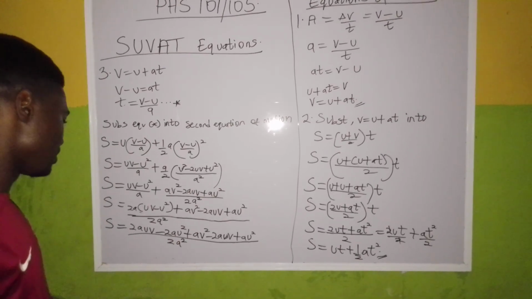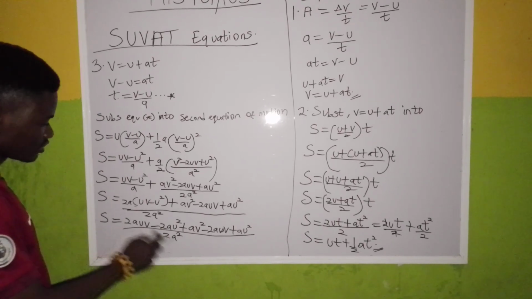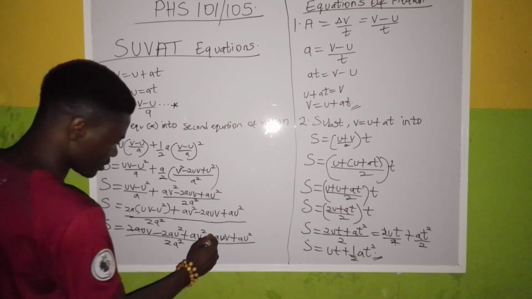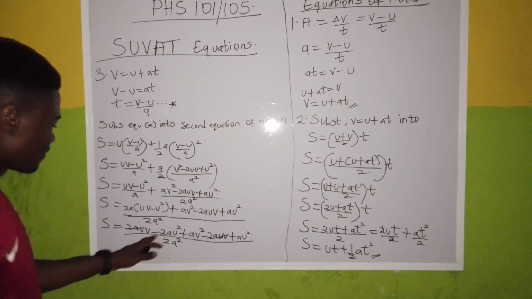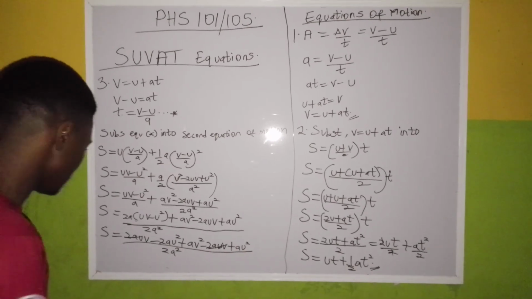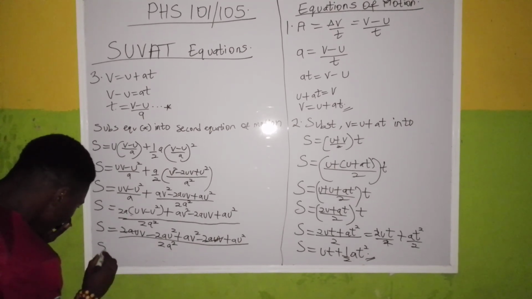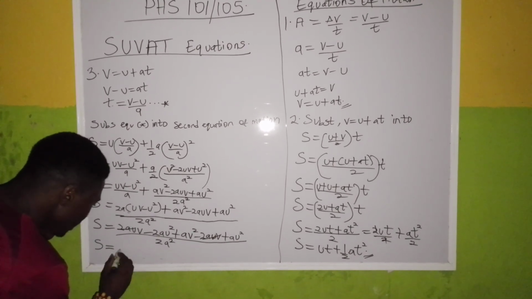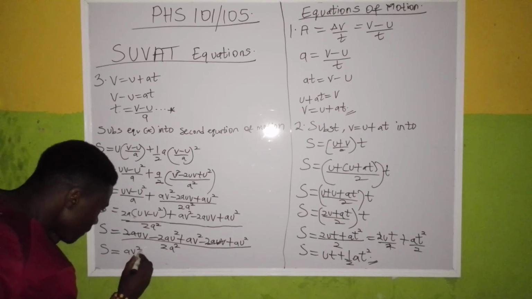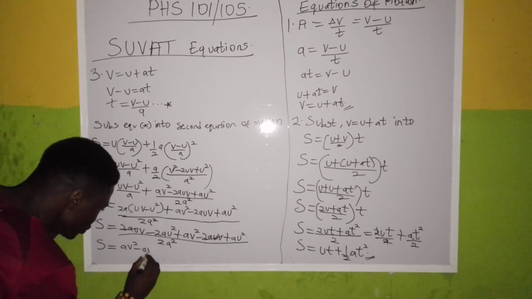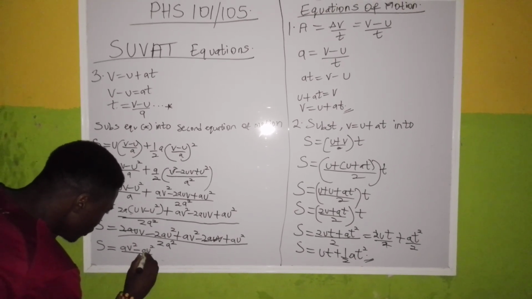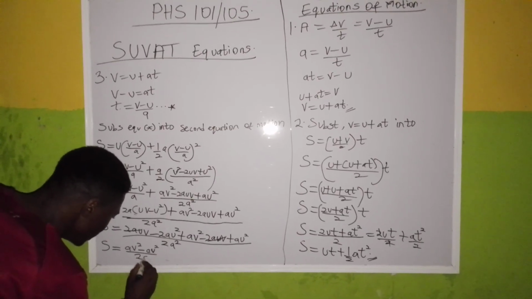Now if you collect like terms, which ones are similar? We have plus 2auv minus 2auv, so this one goes. We also have minus 2au squared plus au squared. So in the end, we have s equals av squared minus au squared all over 2a squared.